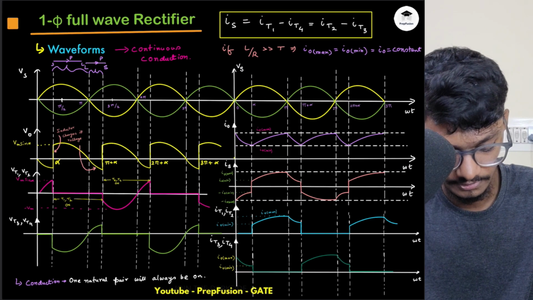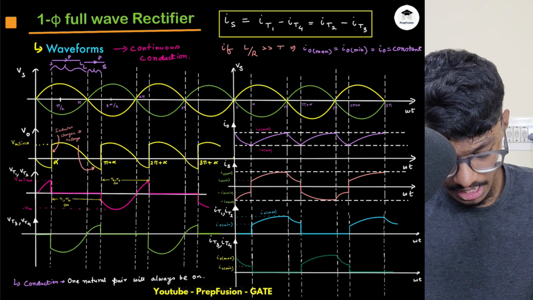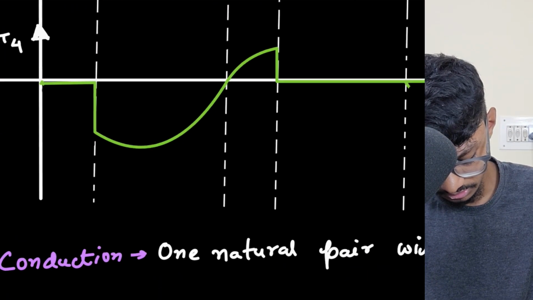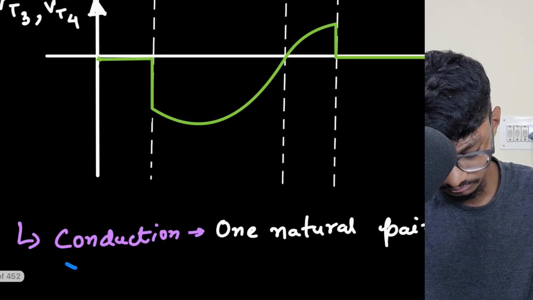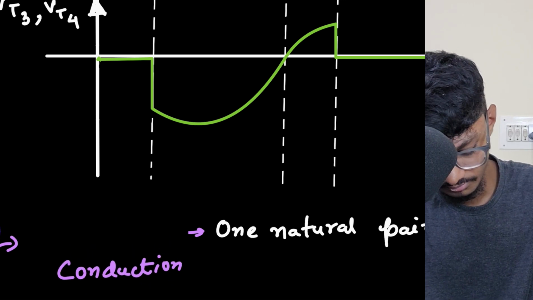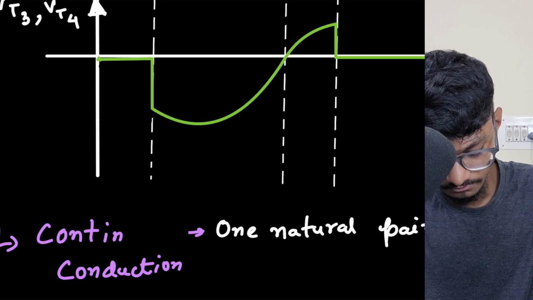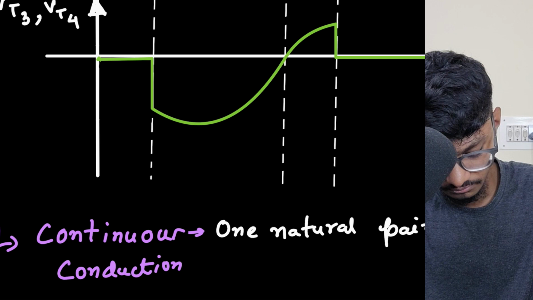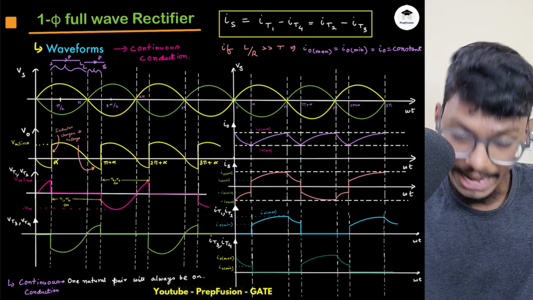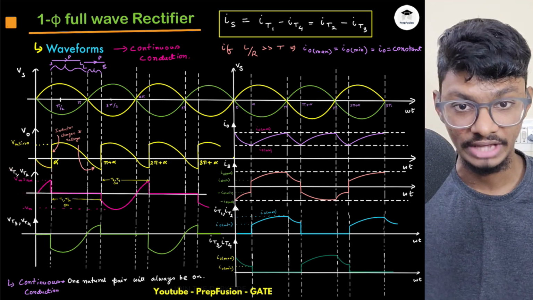Okay, so this is about the conduction, and one natural pair will always be on for continuous conduction.